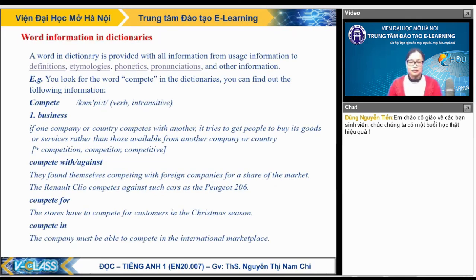Okay, the next part for today's Vclass is word formation in dictionaries. I'm sure you must have at least one dictionary. When did you first buy a dictionary, and how often do you use it?